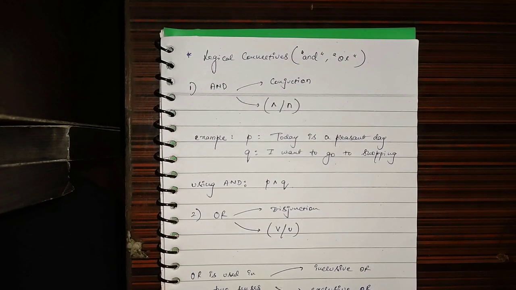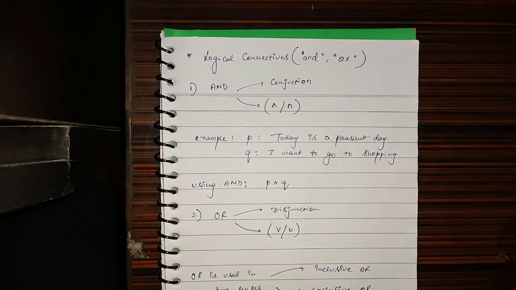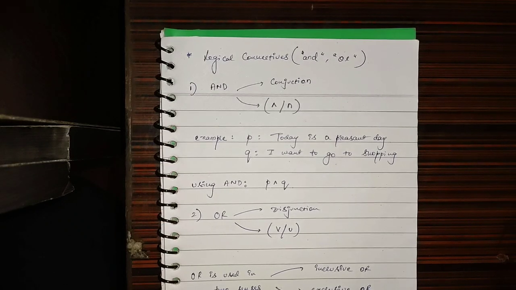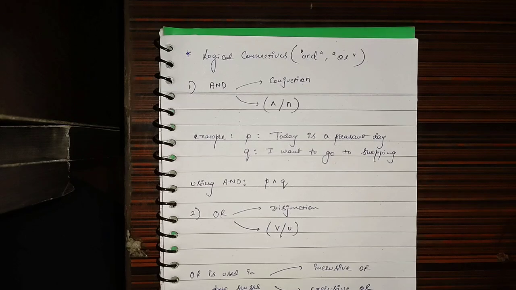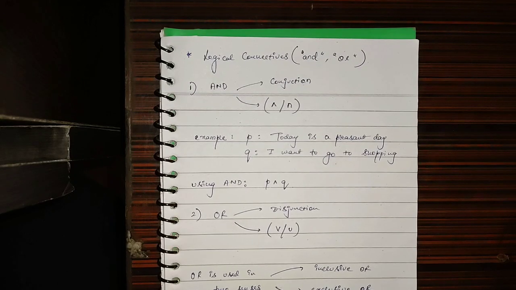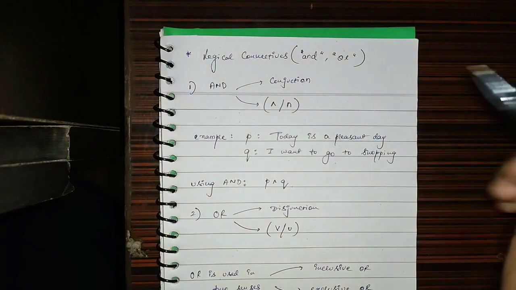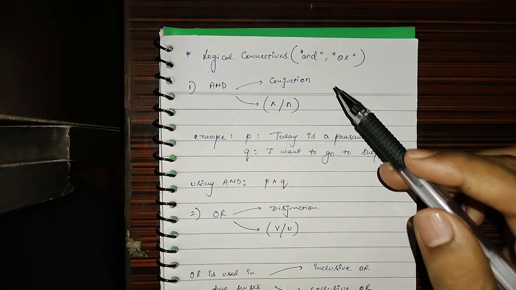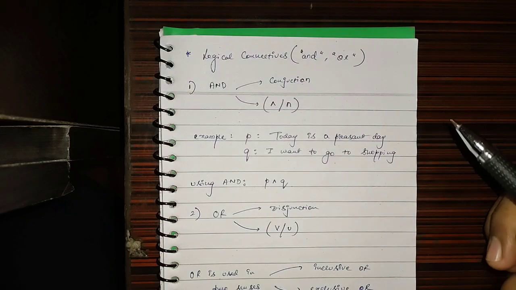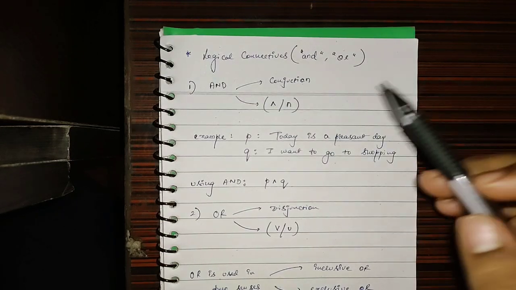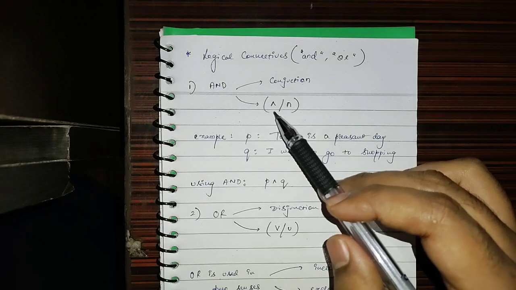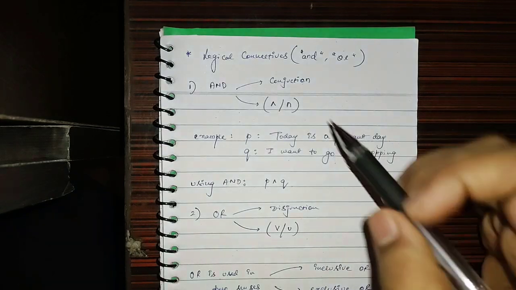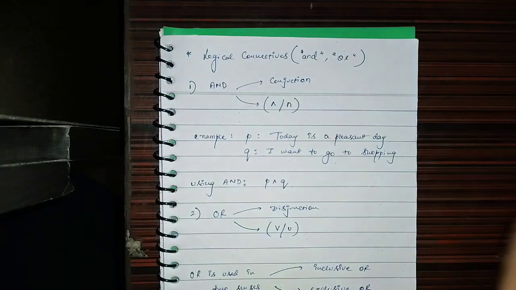Now to learn about the second topic that I have mentioned, that is inclusive and exclusive OR, we have to go back to the logical connectives that we learned about earlier. First, the logical connective I want to explain is AND. In mathematics it is also called conjunction, and it is represented with an inverted V or this type of symbol.